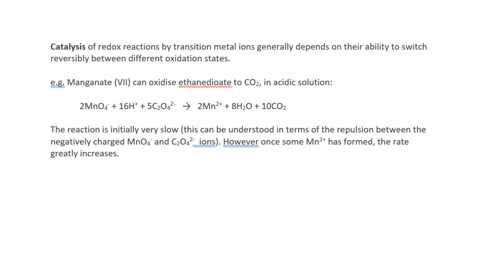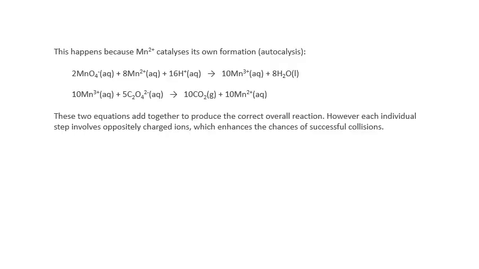So the way that works is this, that initially there's no manganese 2+ there to act as a catalyst, and therefore the rate is very slow. But as soon as you get some Mn2+ present, you can get this two-stage reaction taking place, where initially what the manganate 7 does is not oxidize ethane dioate directly, but oxidize Mn2+ to Mn3+.